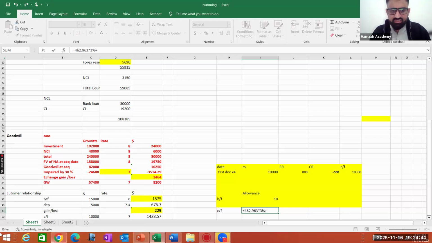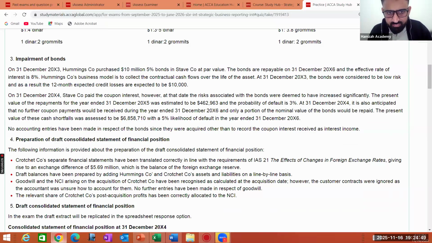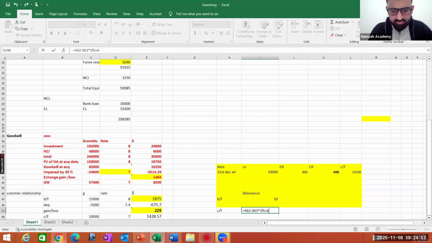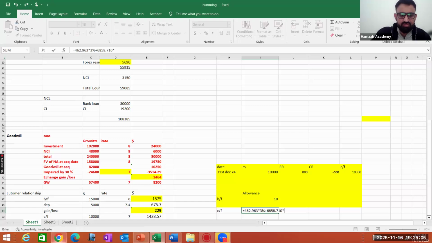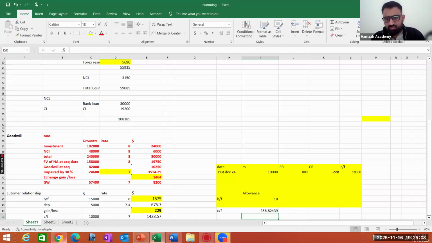And similarly, in X6, you expect to receive 6,858,710 with a 5% chance of default. So the chance of default has increased. So the loss allowance should be 356.8.